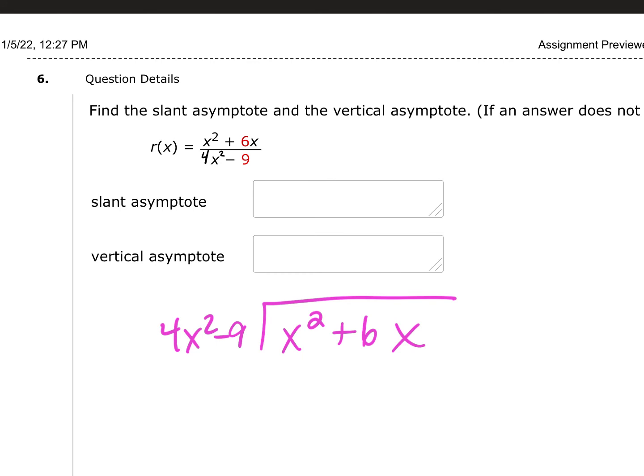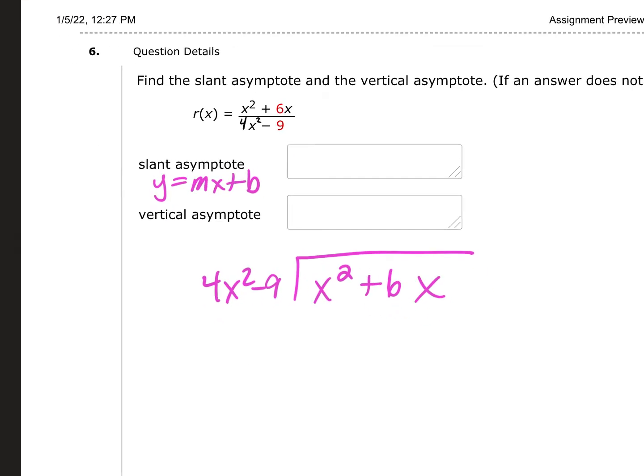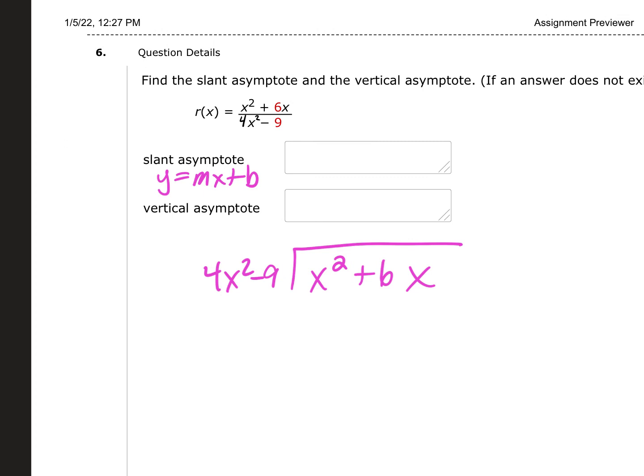Now, my equation for my slant asymptote has to be y equals mx plus b. I have to have a letter and an x with it. So when I say first term into first term, 4x squared times what gives me x squared? Am I going to multiply 4x squared by a number and a letter to get x squared?